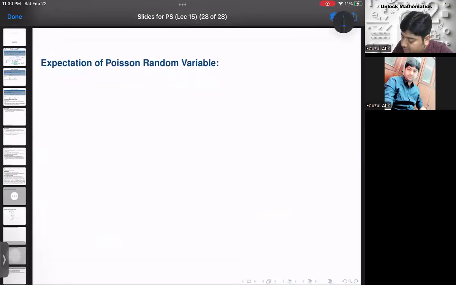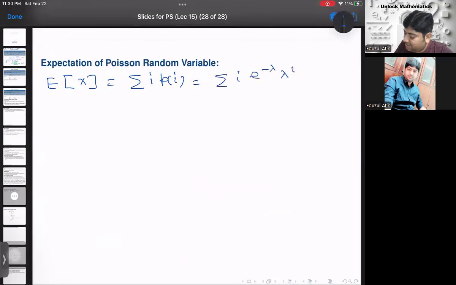So how do we calculate the expected value? E of x is equal to the summation of i into small p of i. So this is basically the summation of i into e to the power minus lambda into lambda power i divided by i factorial, where i runs from 0 to infinity.